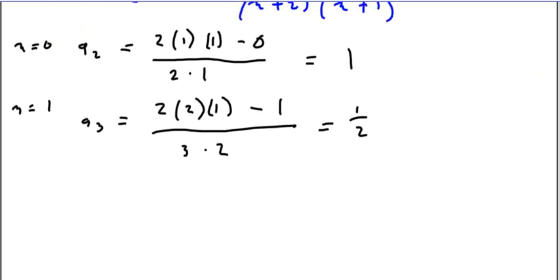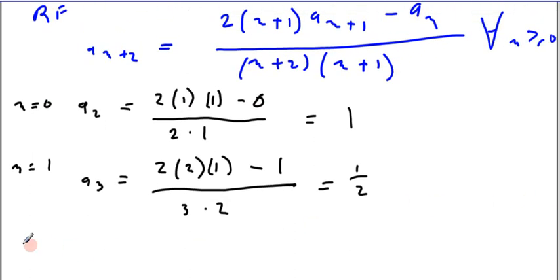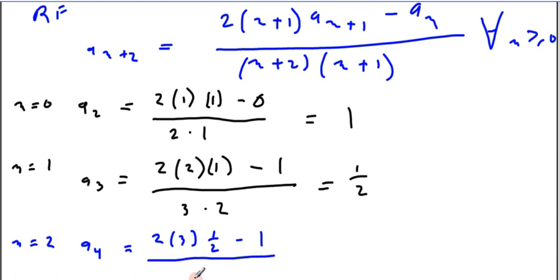Okay, and then I need to see my recurrence formula to know what I'm doing. And I have n equal to 2. I'm looking for a4. So a4 is going to be 2 times 3 times a3, which is 1/2, minus a2, which is 1, divided by 4 times 3.